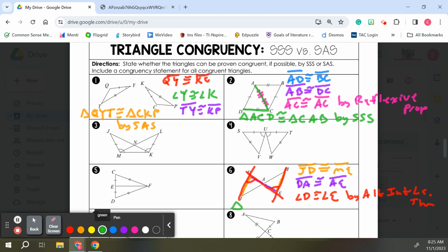I'm going to go J to D to A is congruent to, I'm not starting with E, I'm starting with M because these are the congruent angles there. So triangle M, and then I'm going to E because D and E are congruent, and then to A. And this would be by side, angle, side.